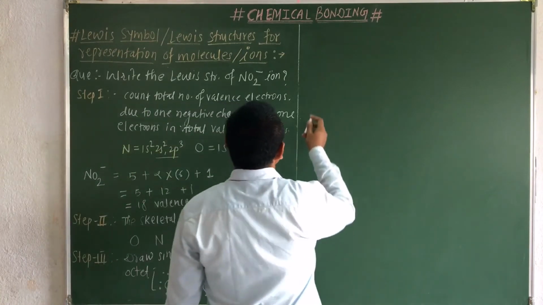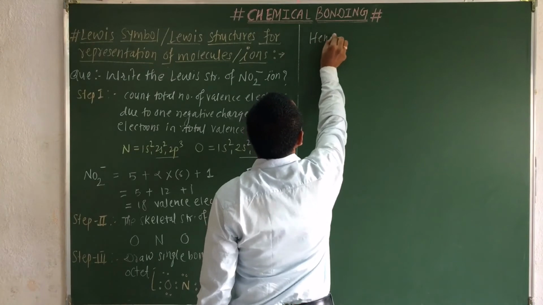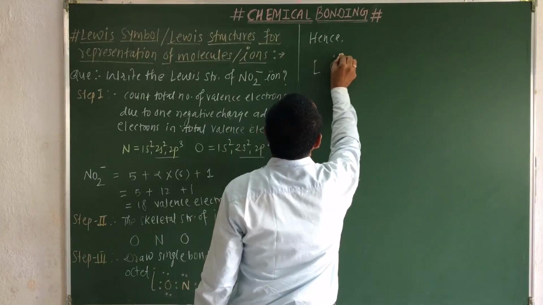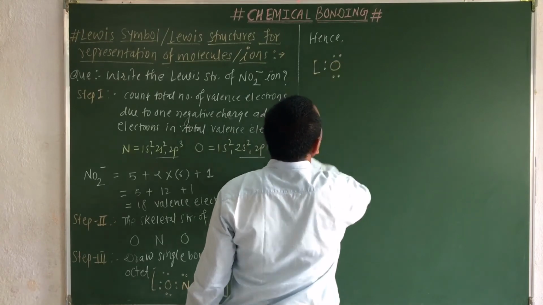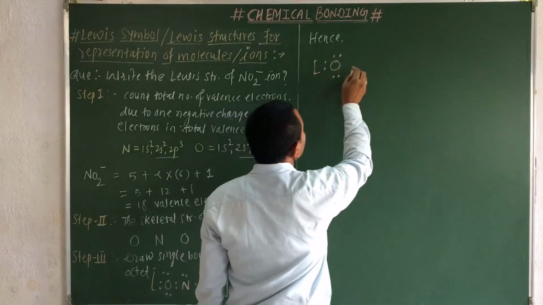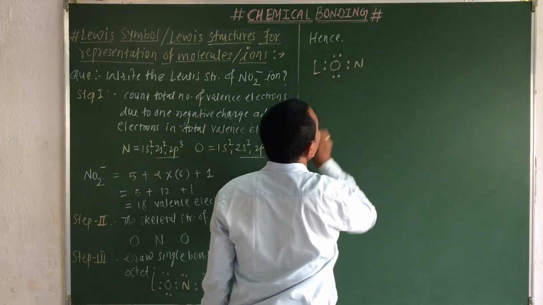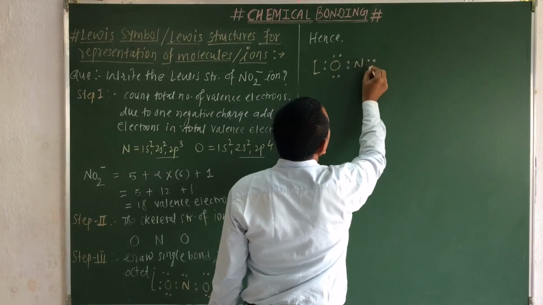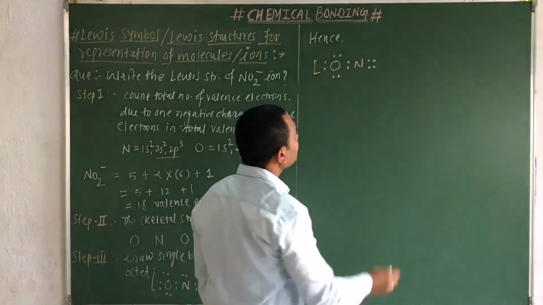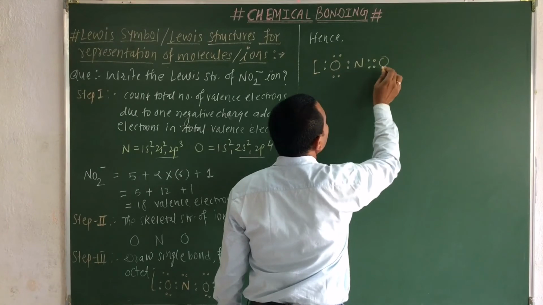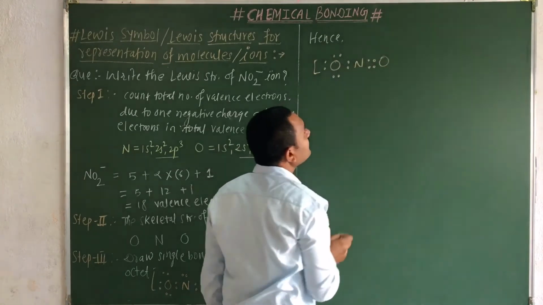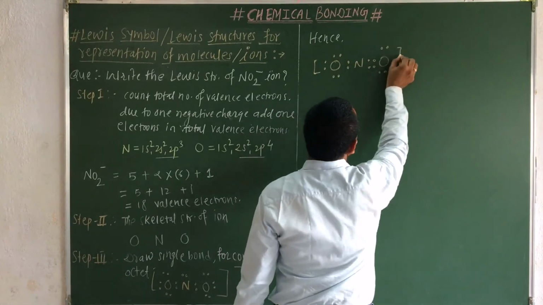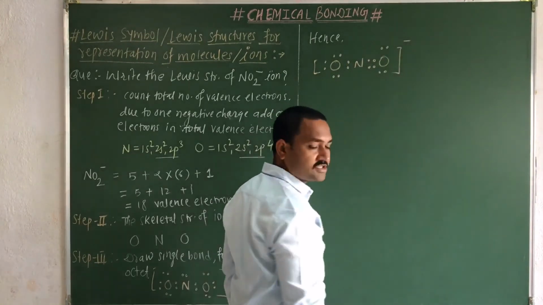So we will modify this structure as O with 3 pairs, that means a total of 6 electrons, and 1 bonding pair. Now if I consider the double bond, I have written 2 pairs and 2 lone pairs on this oxygen atom, and the minus charge.